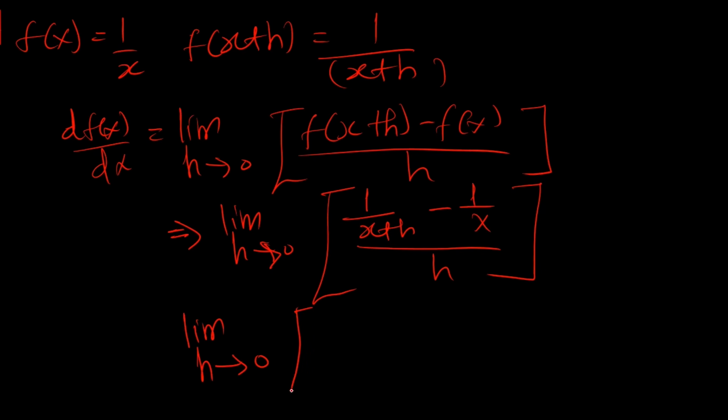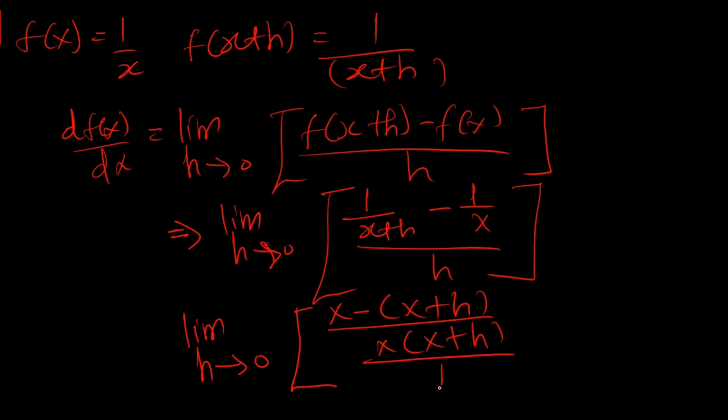We're going to simplify the numerator. When we simplify the numerator, we will get x minus (x plus h) all over x multiplying (x plus h), and we bring our h. So this is what we are going to get.